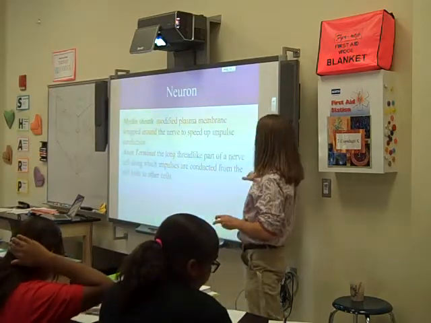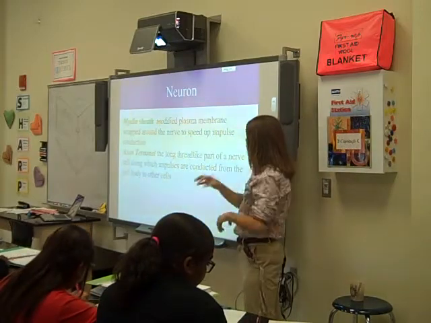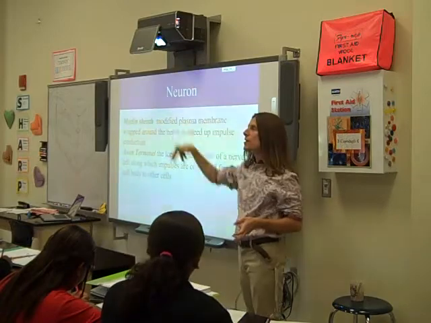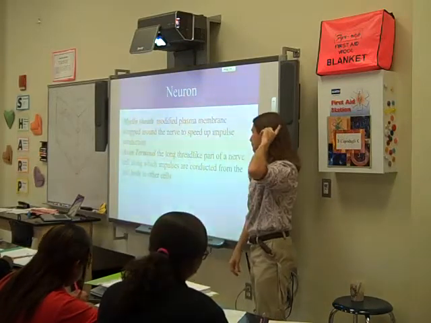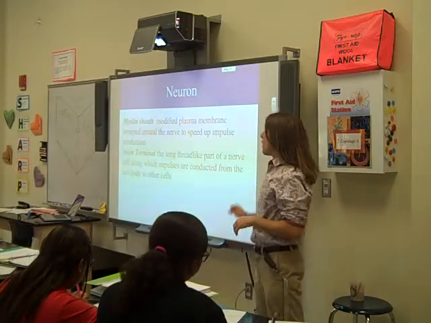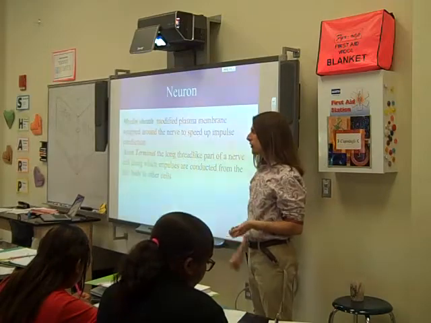It's long, thread-like parts of the nerve cell where nerve impulses travel to and then stimulate neurotransmitters to travel to the next neuron. Or it might stimulate other kinds of cells. These axon terminals might be connected to a muscle cell and stimulate that cell to do something.